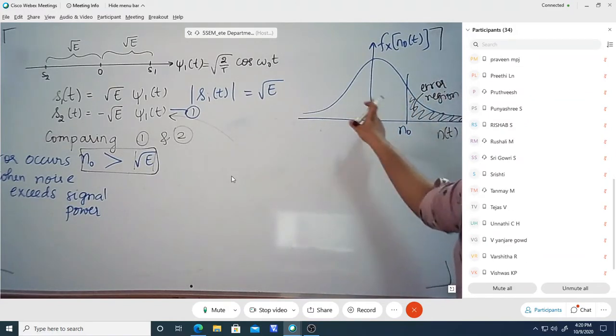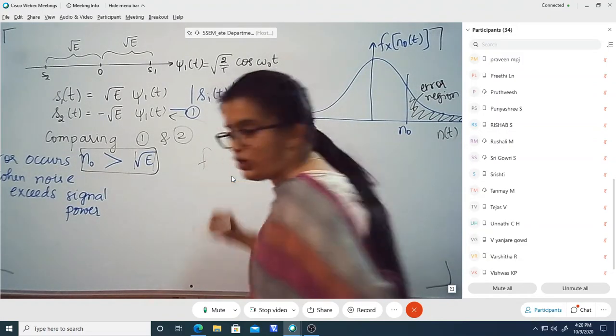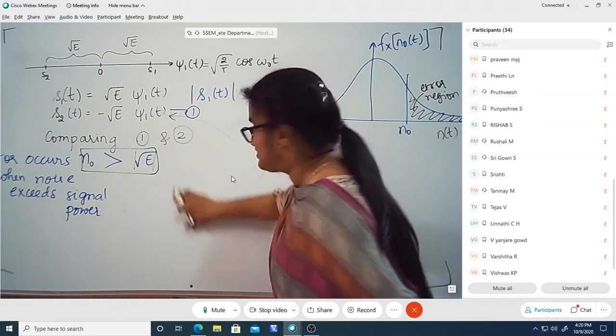So, keeping this error region in mind, we need to find out the error probability by making use of the probability density function.